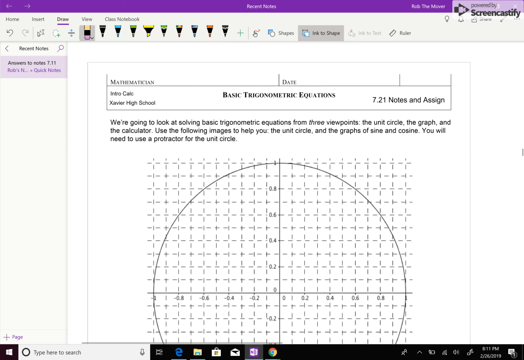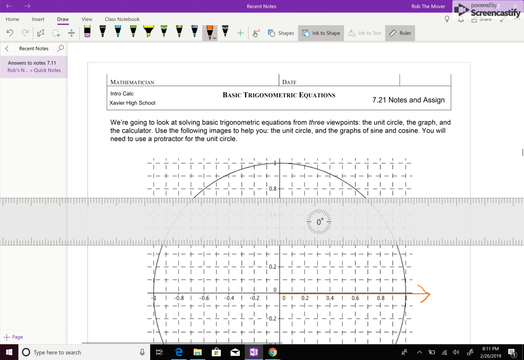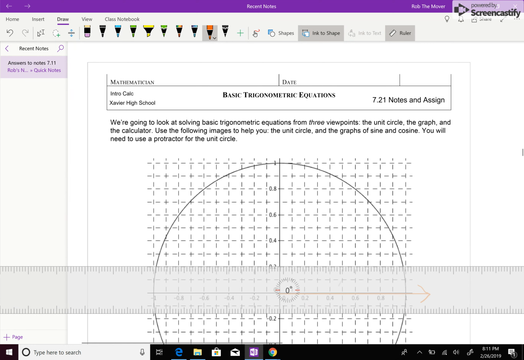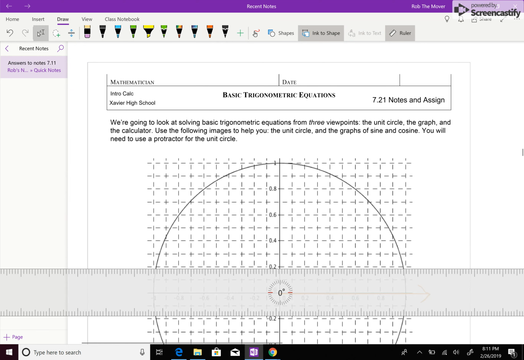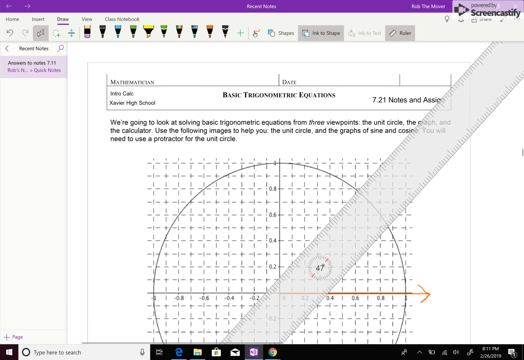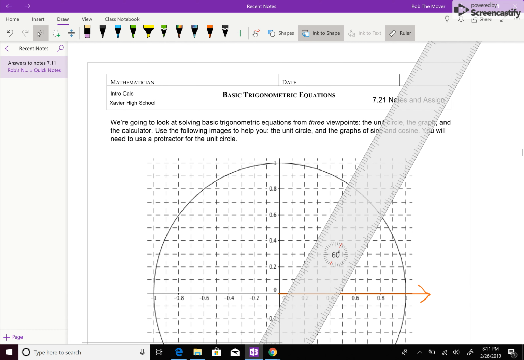Let me erase this. What if I were to draw a 60-degree angle? Okay, we know something about the 60-degree angle. I'm going to draw a 60-degree angle again at the origin. Here's my initial side, right? Now, I got a handy tool here, this protractor, where I can find where we're at 60 degrees.